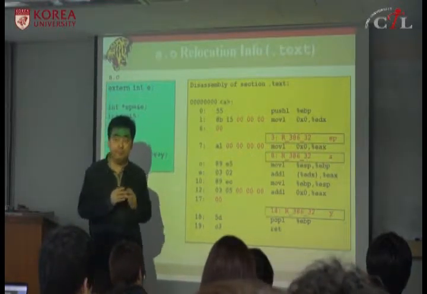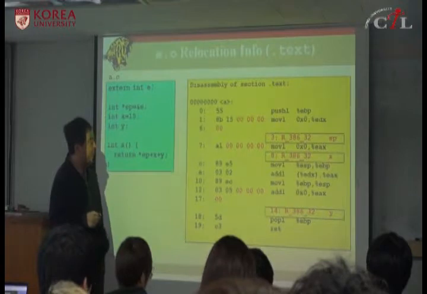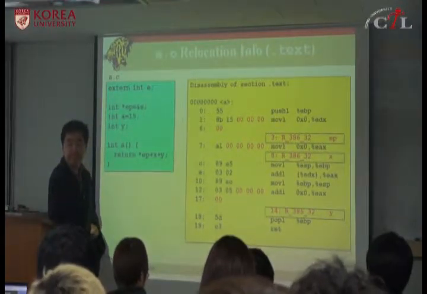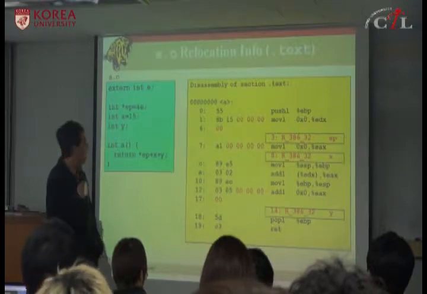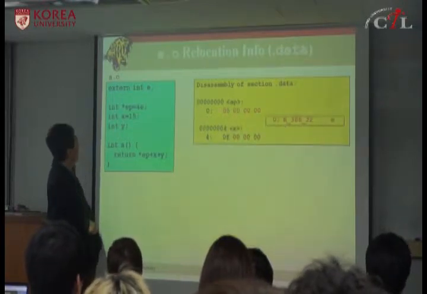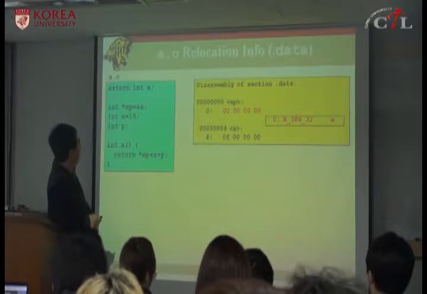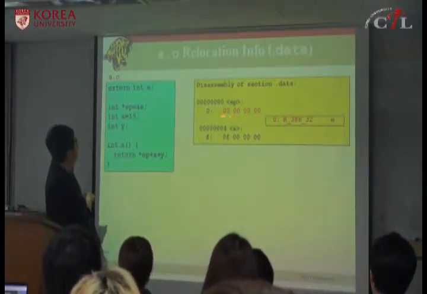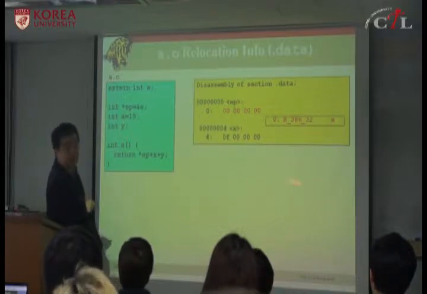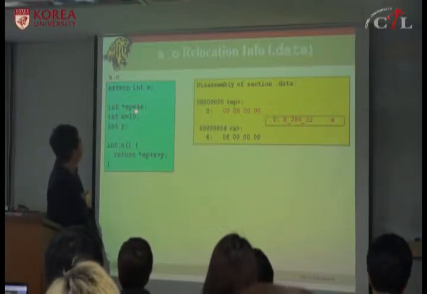Okay? Question? Okay. And let's look at the data address, data relocation information. And this goes to data segment, and this goes to BSS segment, which is not shown. Let's look at the data segment.